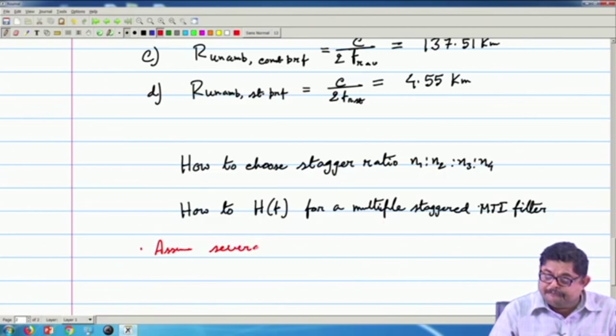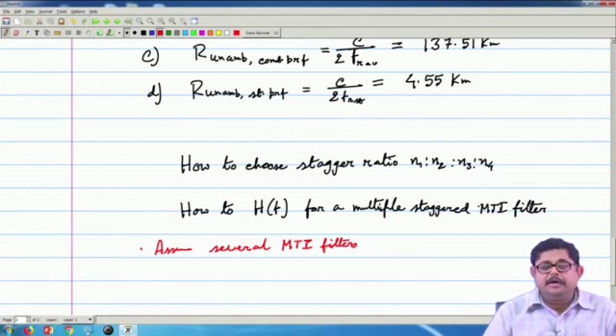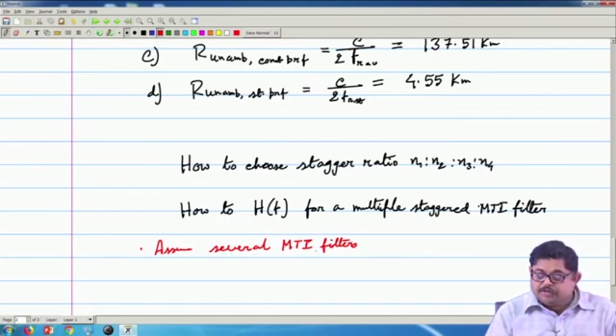several MTI filters, one for each combination of two staggered PRFs. So, you determine now for two, you know how to do.